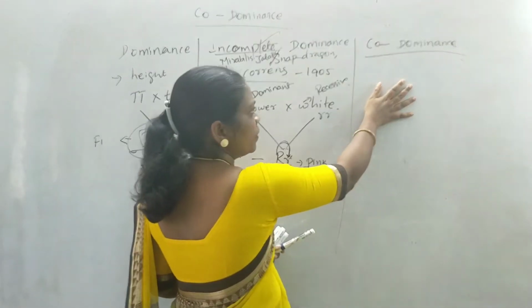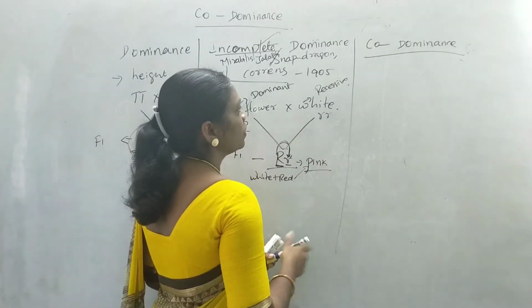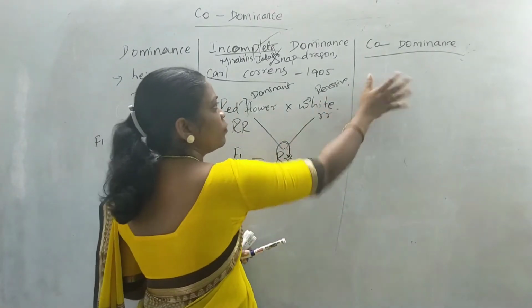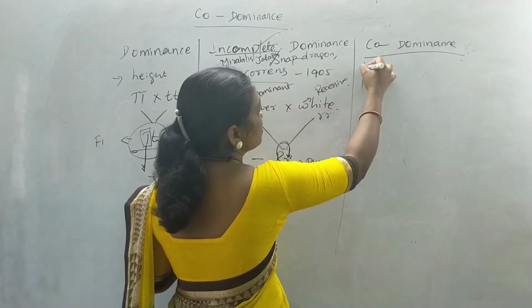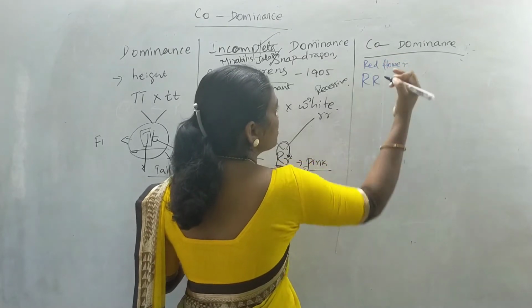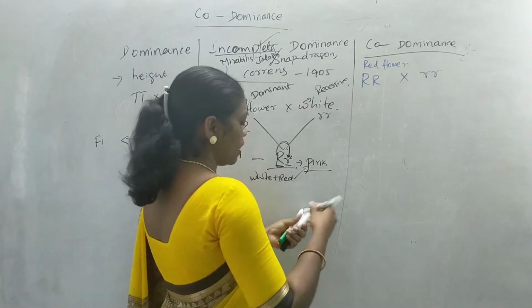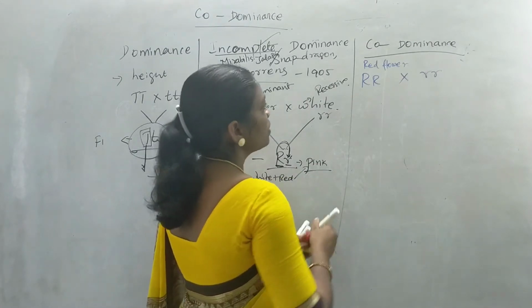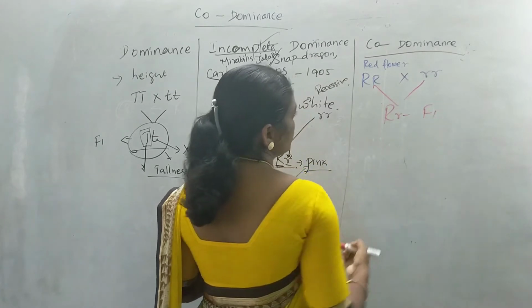To explain codominance, I am taking the same example. Here, take capital R, a red color flower, crossed with small r. And what was the resultant? We obtain capital R, small r in the F1 generation.